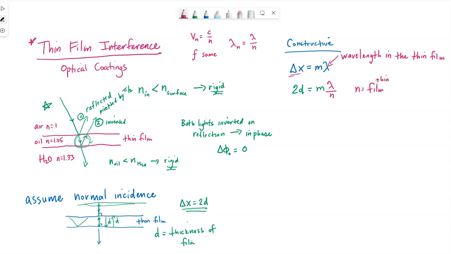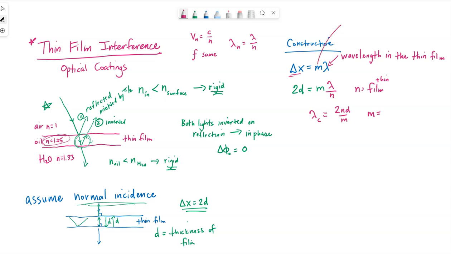So in this example I mentioned, that would be n of the oil. In your test notes, you're going to see lambda sub c is equal to 2nd over m. But m cannot be 0.